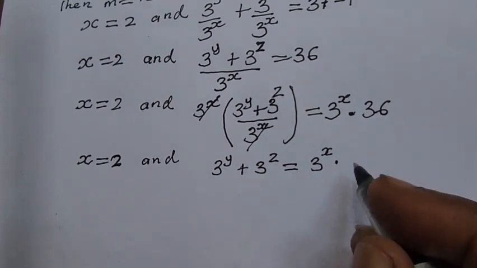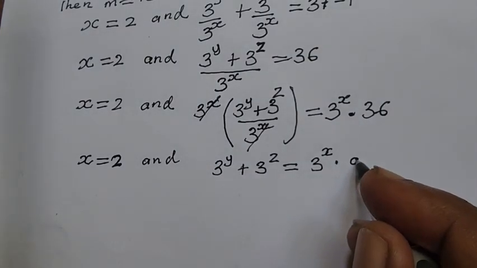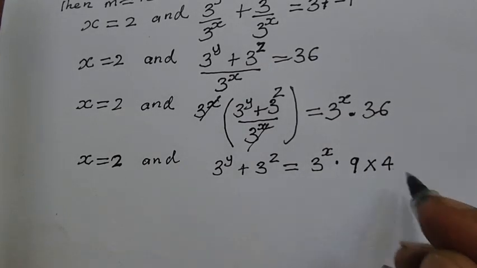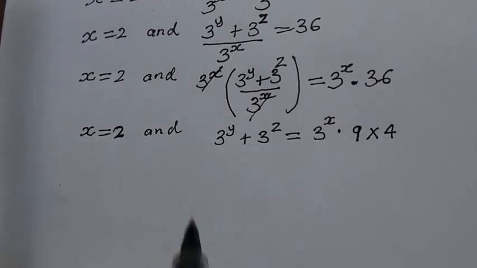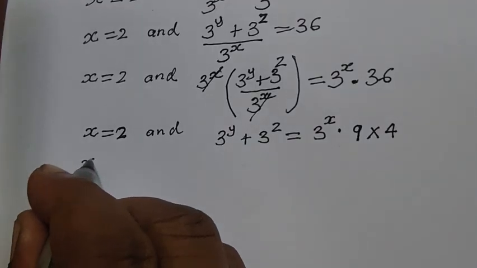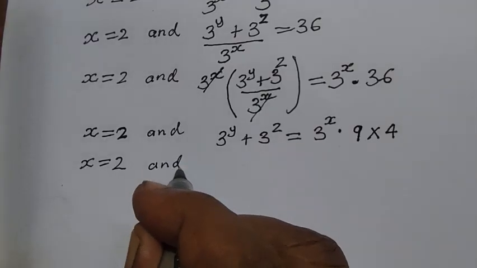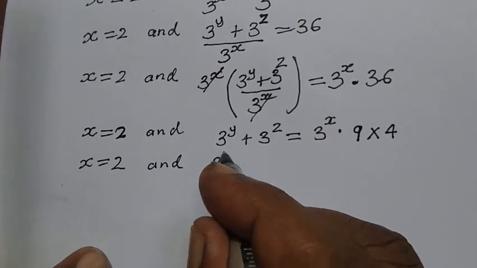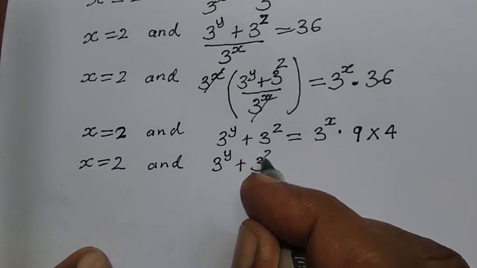36, we know it is 9 times 4. So x equals to 2, and 3 raised to power y plus 3 raised to power z.